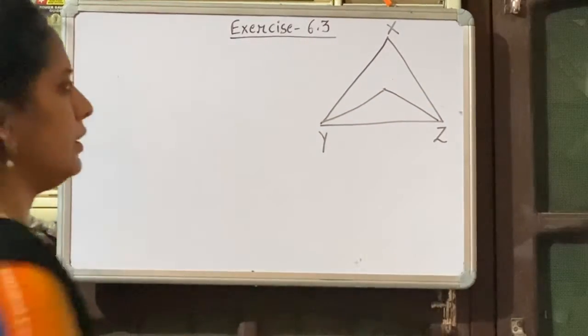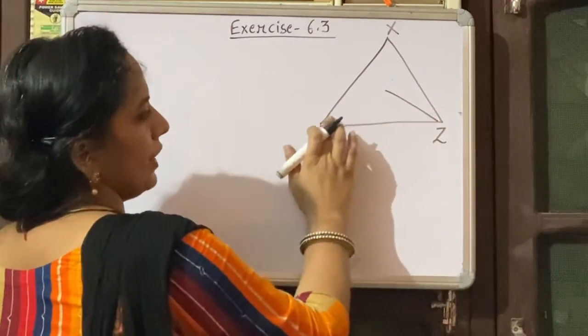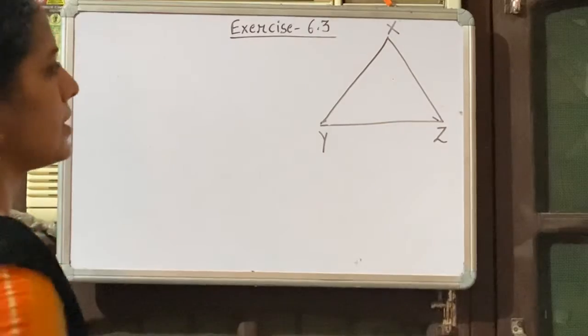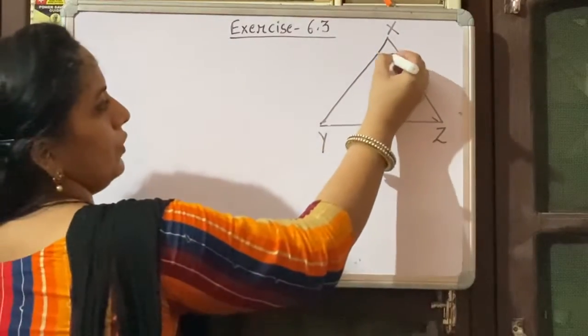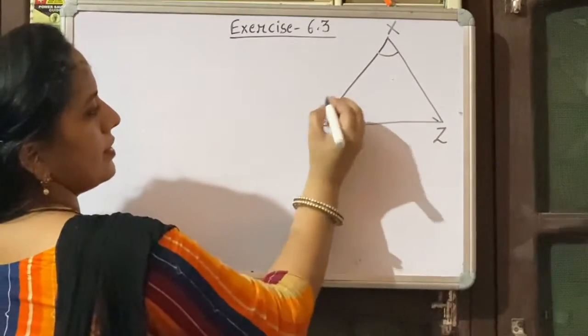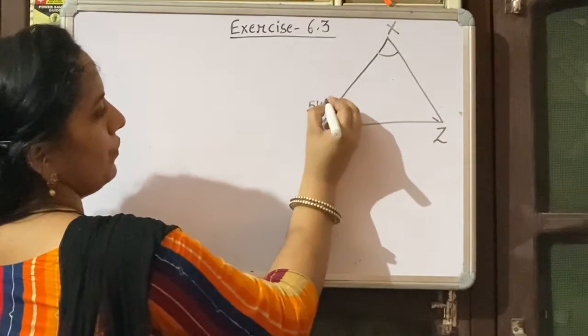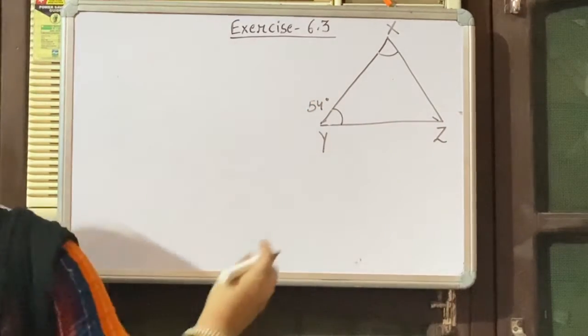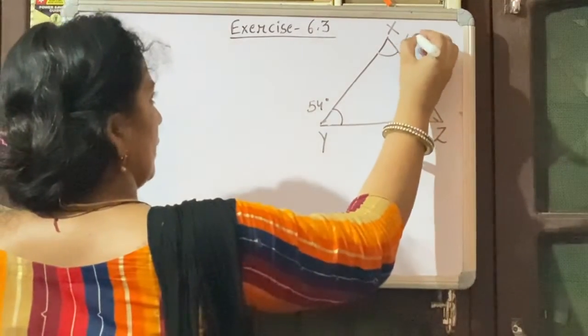So first of all, just leave this small triangle. Just look at the outside triangle. Here the values of these two angles are given. This is equal to 54 degrees and the first one, x, is equal to 62 degrees.